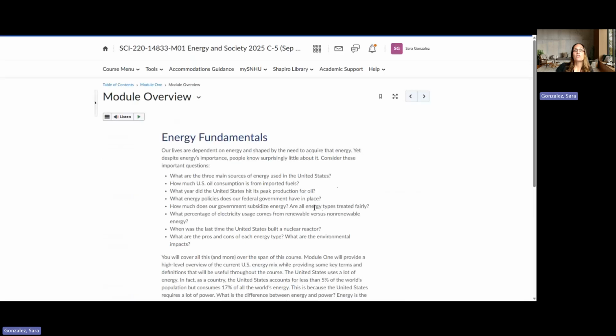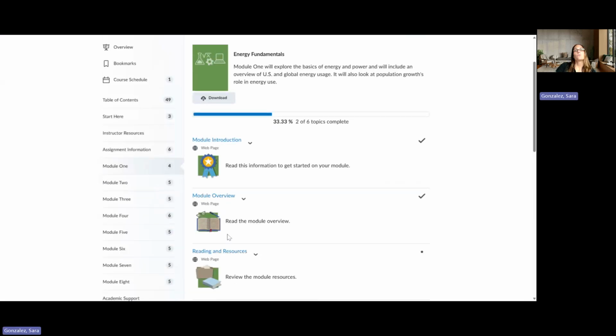The overview has all the information, an intro here, maybe some questions to consider when you're doing your readings. For instance, how much oil consumption is from our imported fuels, looking at the percentage of energy usage, what percent comes from non-renewable sources, renewable sources, also nuclear as well. Here's a link to our readings and resources.